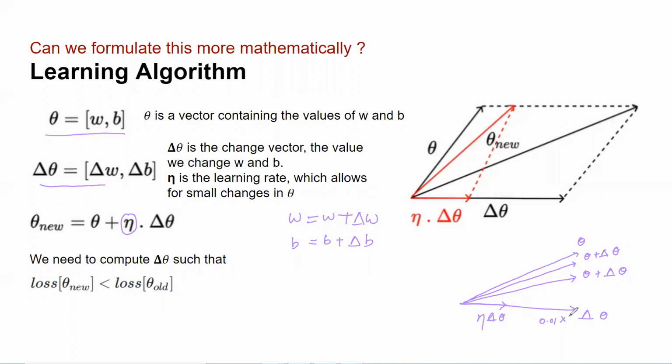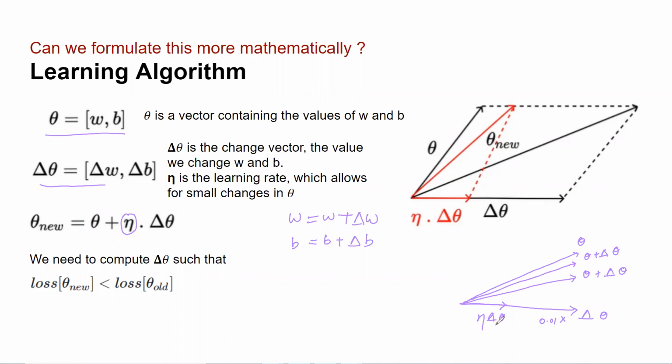The reason I am multiplying my delta theta by a very small quantity is that I do not want to take a big step. I want to take a very, very small step, so that I keep on seeing a decrease in loss value.